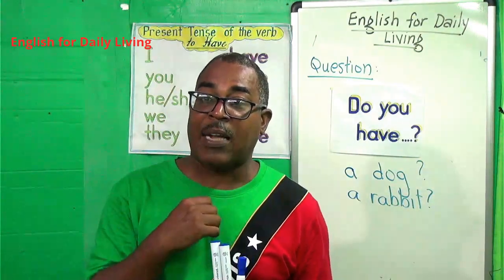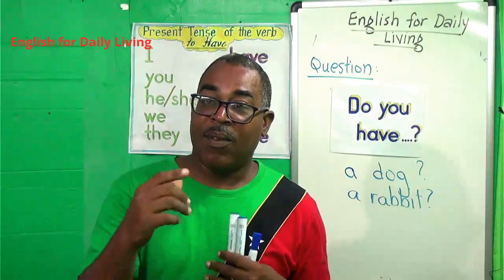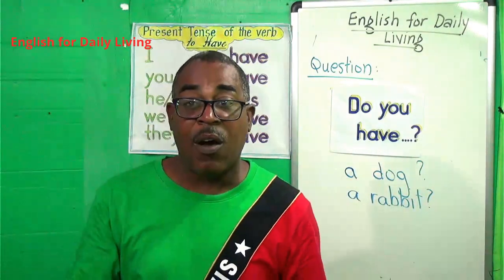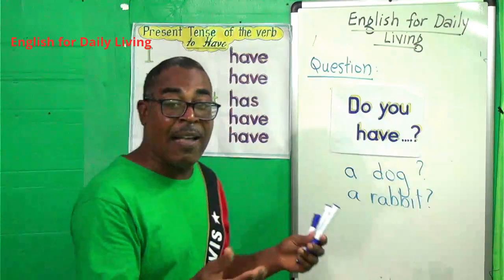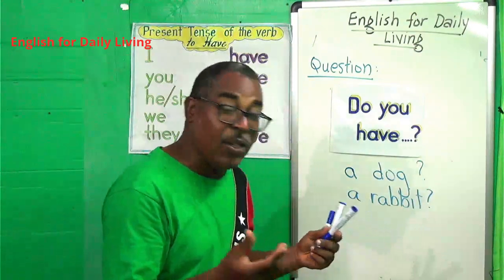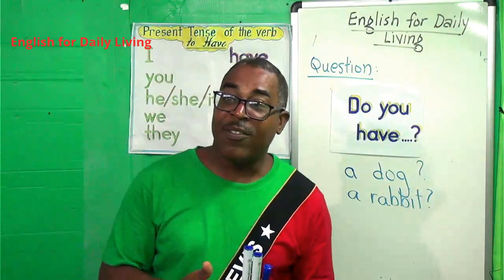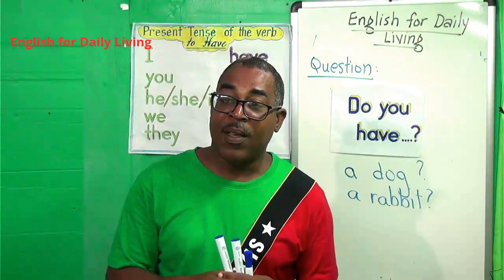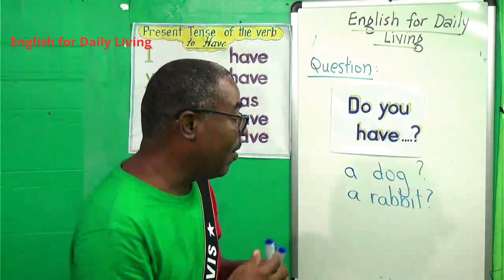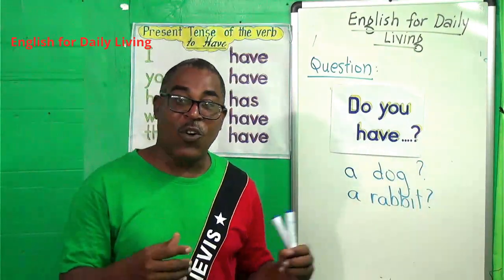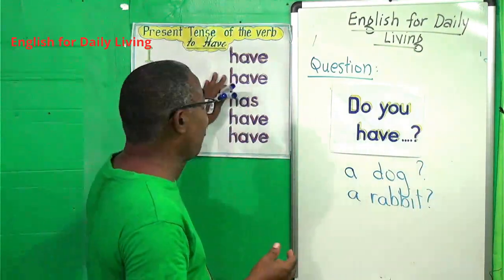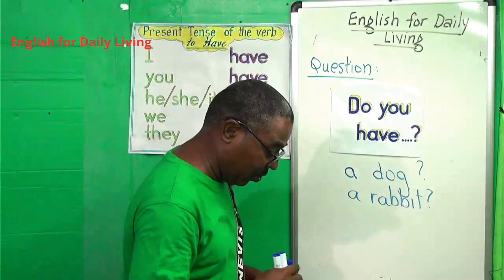I have a cat. Then you have a dog. She has a donkey. We have some sheep. They have snakes. So we can use the verb to have in relation to the animals.